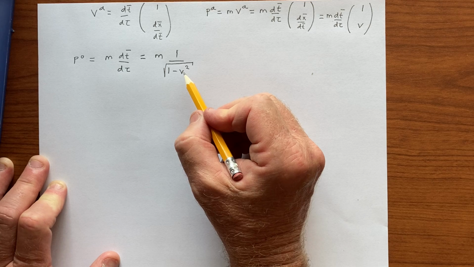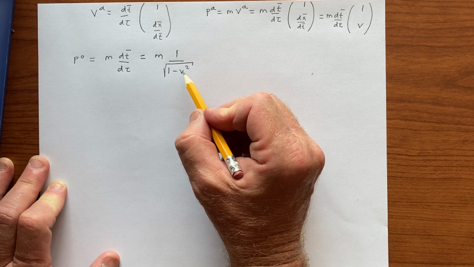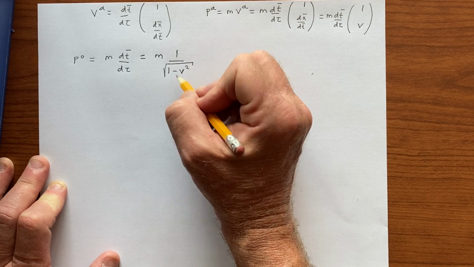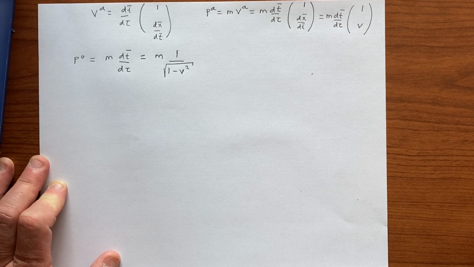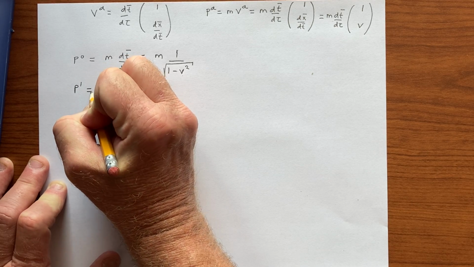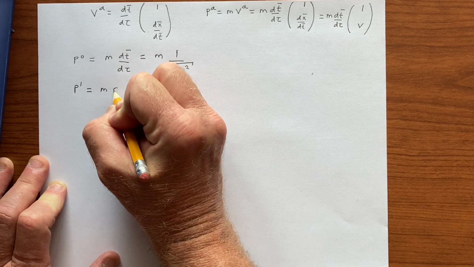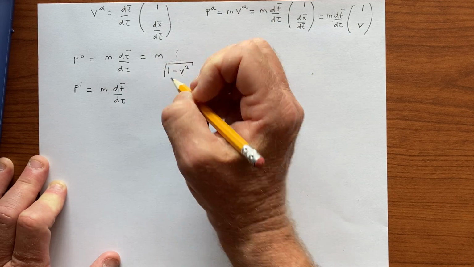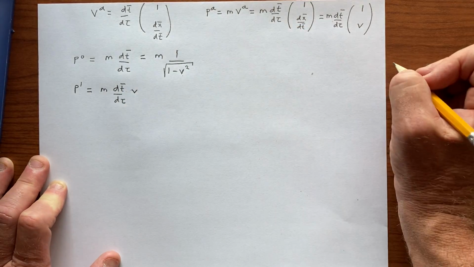Of course, there's actually a c in here, but c is equal to 1, if you remember. So this is really v over c, all of that squared. And then there's a p1 component, which is m dt bar by d tau times v.